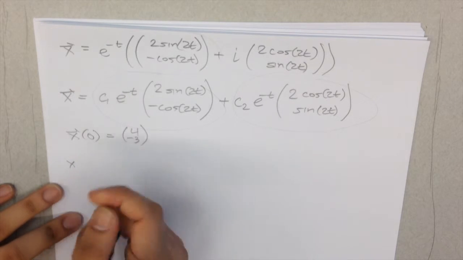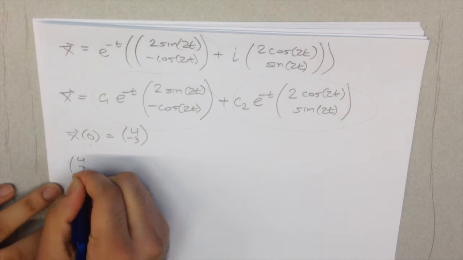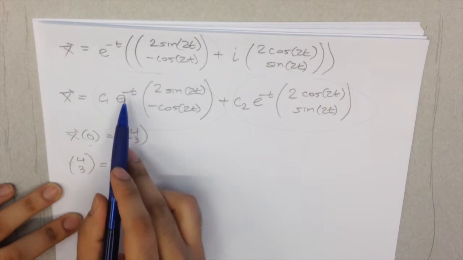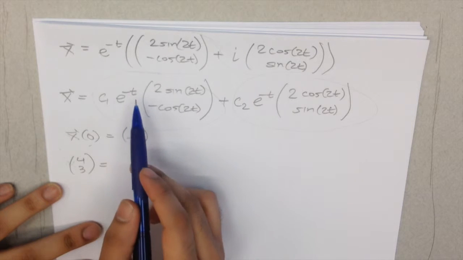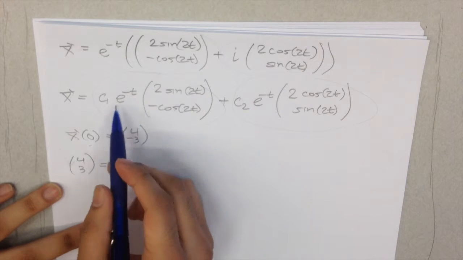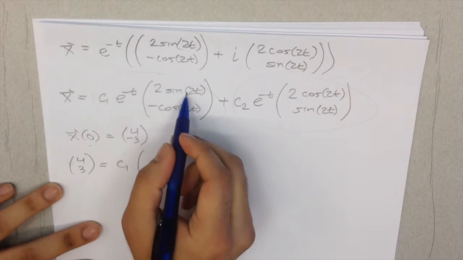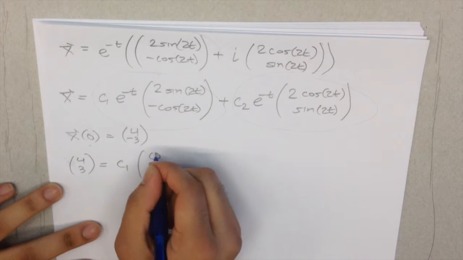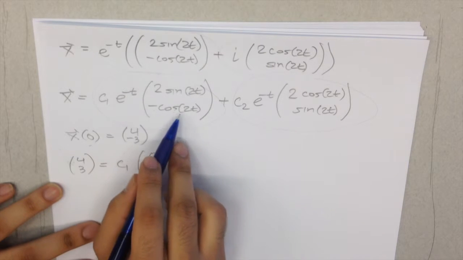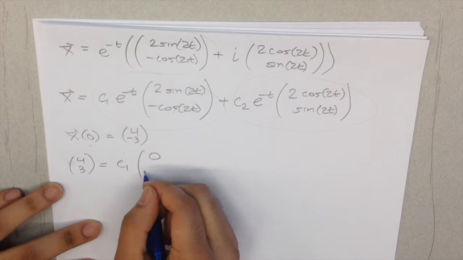So x of 0, we know (4, negative 3) has to equal e to the negative t, which is equal to 1 when t is equal to 0. So I get c1 times 2 sine of 2 times 0, which is 0, and then negative cosine of 0 is going to be negative 1.